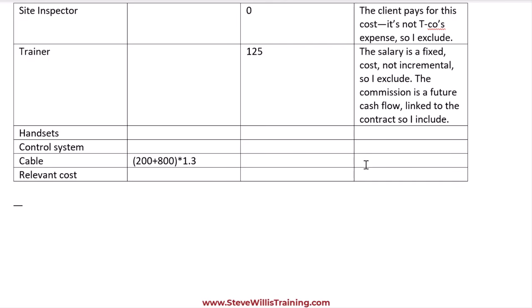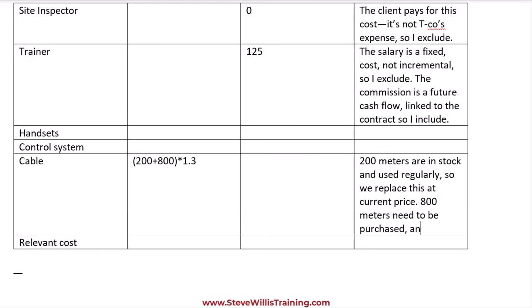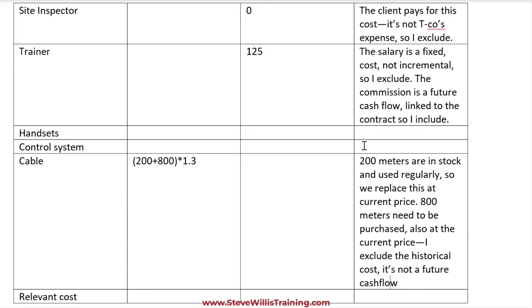Now let's explain why we arrived at those costs. 200 meters are in stock and used regularly, so we replace this at current price. 800 meters need to be purchased, also at the current price. I exclude the historical cost. It's not a future cash flow. Again, simple English, and we come to 1300.